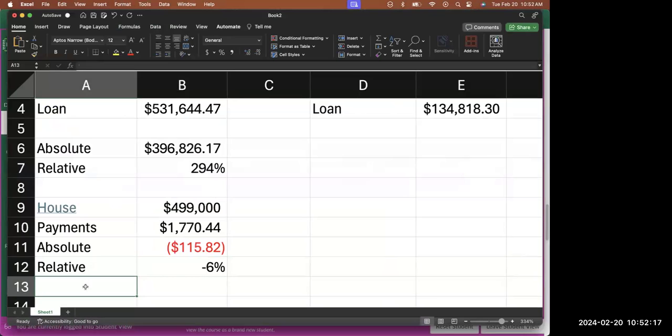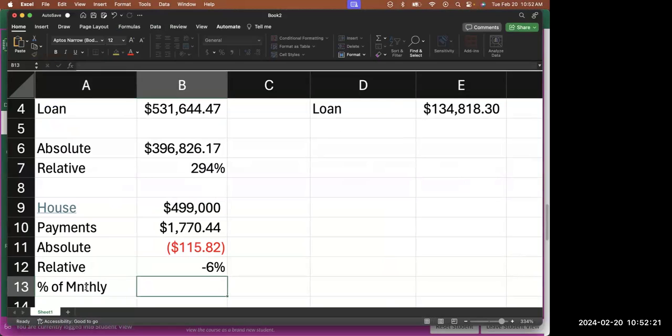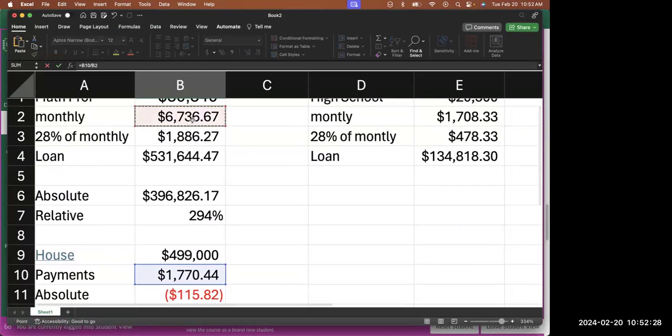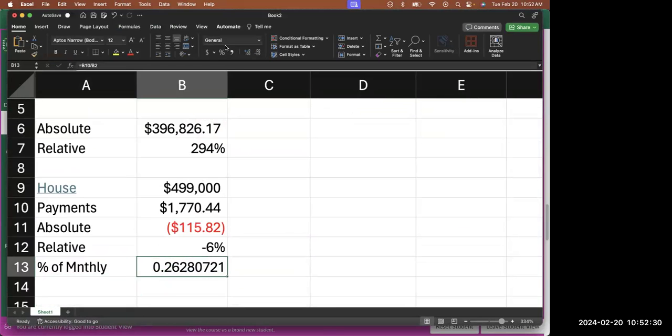So this is percent of monthly. So that's my payments divided by my monthly, which I found up here, and turn that into a percentage. So 26% of my monthly income would go towards these payments. So there I have it.